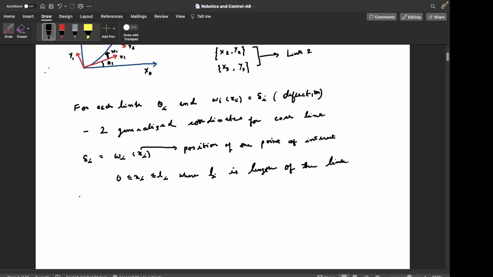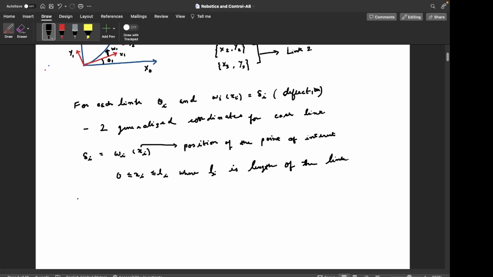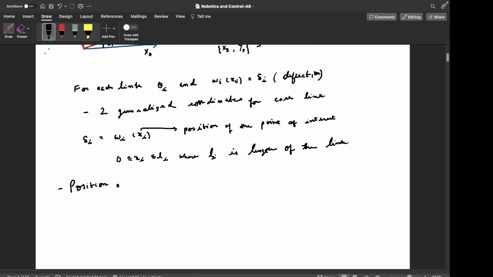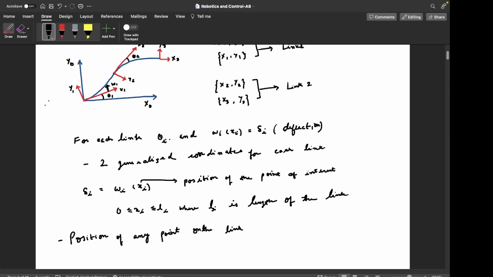So once we know these two quantities, we can write the position of any point on the link, right? This is given in which frame?